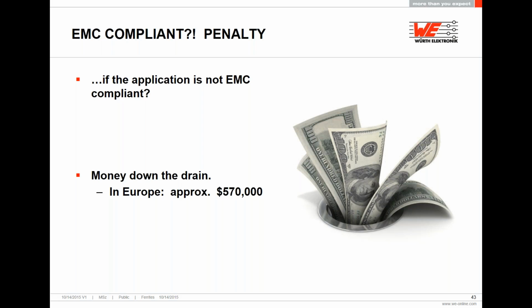You can find yourself being fined in amounts in the hundreds of thousands of dollars because you're not complying with the EMC regulations required by your industry. So in summary, using relatively inexpensive EMC components at the beginning of your design can show you big cost savings by the time you ultimately get your product to production.